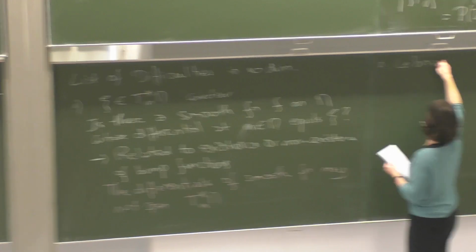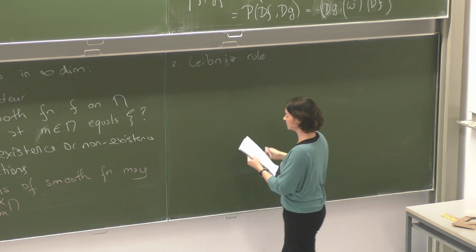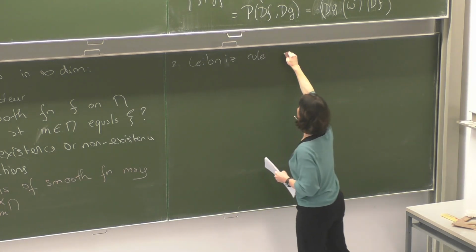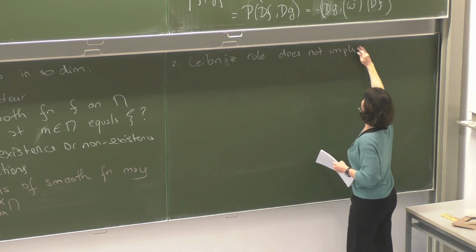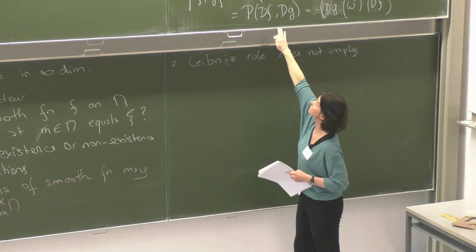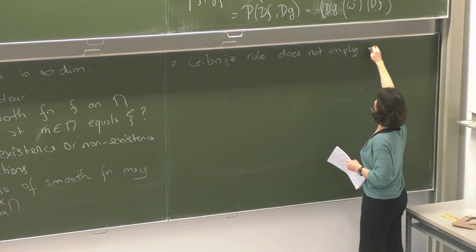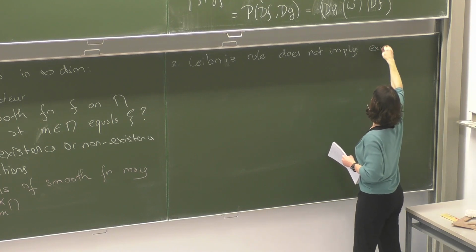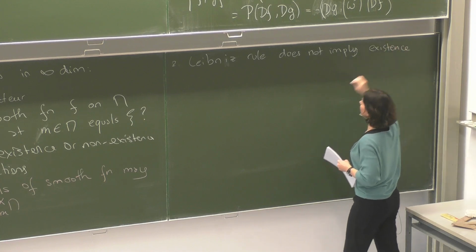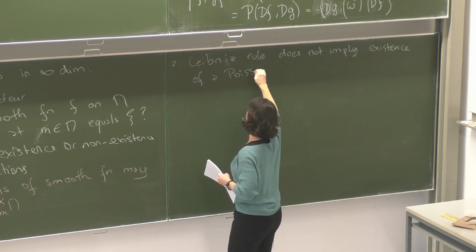Let me also mention that the Leibniz rule in the infinite dimensional case does not imply the existence of a Poisson tensor, and this we cannot avoid.